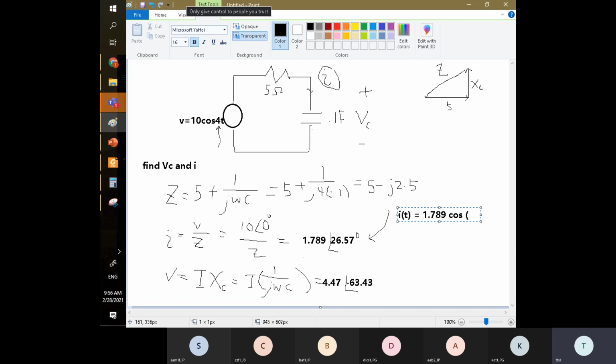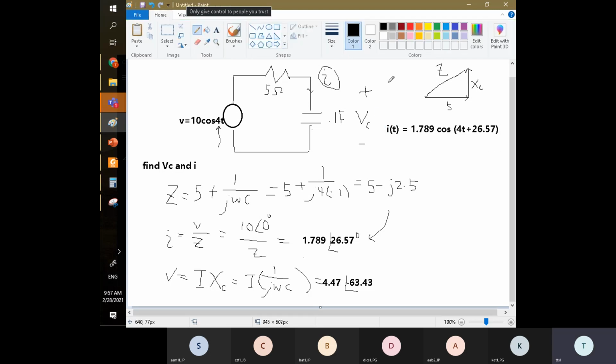Then omega t, where omega is 4, plus 26.57 degrees. This is the answer in the mathematical form, and the earlier one is the answer in polar form. How about this voltage?